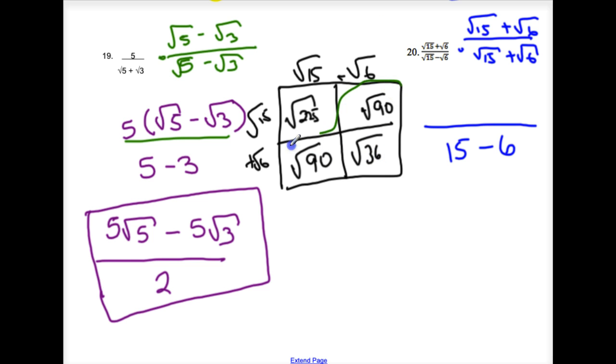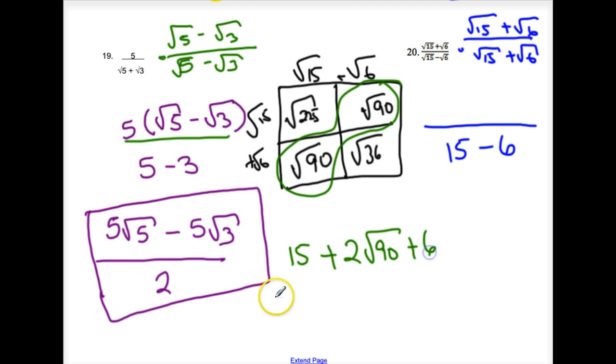Now these are like terms because they're the same radical. So I will end up with 15 plus 2 radical 90 plus 6, and 15 and 6 is 21, plus 2 radical 90. So that's what's going to go on top.